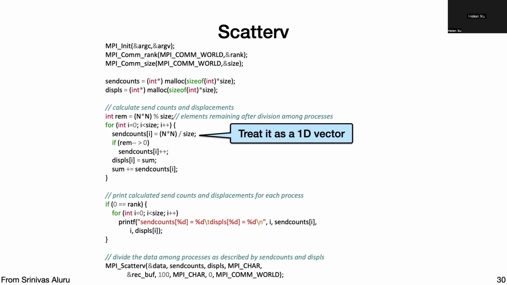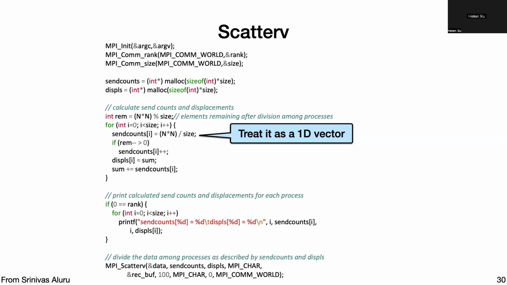The way you do this is you check if there's a remainder, and if there is, then you may need to unevenly distribute. Some processes may need to get one extra element. And then you determine that with send counts. So everybody initially gets the total number of elements divided by p into send count.